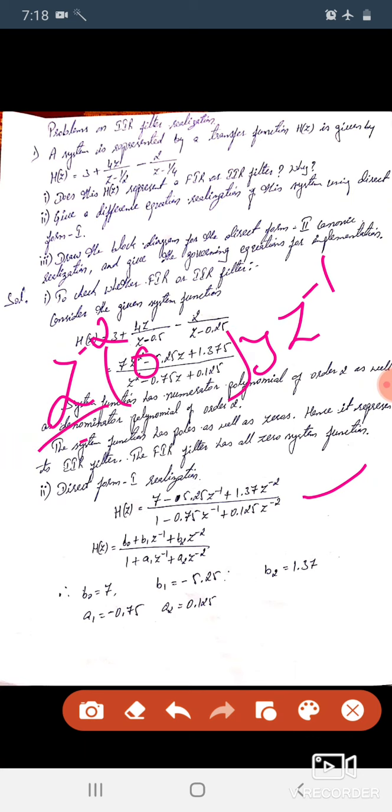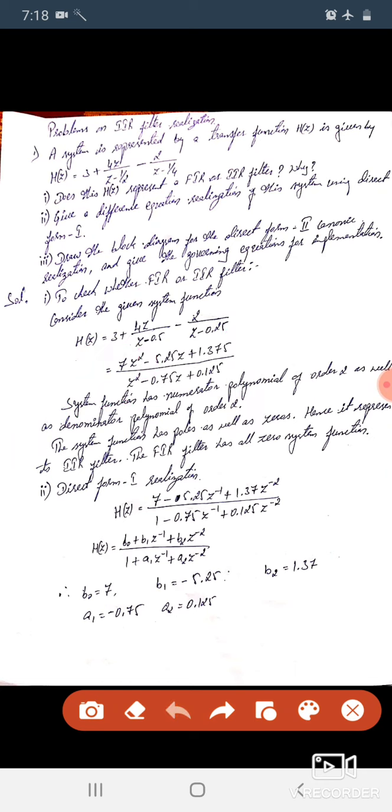If I multiply z raised to minus 2 for the numerator and also the denominator, I will get the equation H of z is equal to (7 minus 5.25 z inverse plus 1.37 z raised to minus 2) divided by (1 minus 0.75 z inverse plus 0.125 z raised to minus 2).